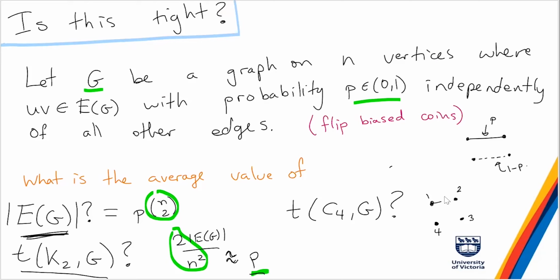This edge is present with probability P, that edge is present with probability P, and that one and that one. So the probability that you see a homomorphism here is P to the 4. So every mapping is a homomorphism with probability P to the 4. So we're going to get roughly P to the 4 here.